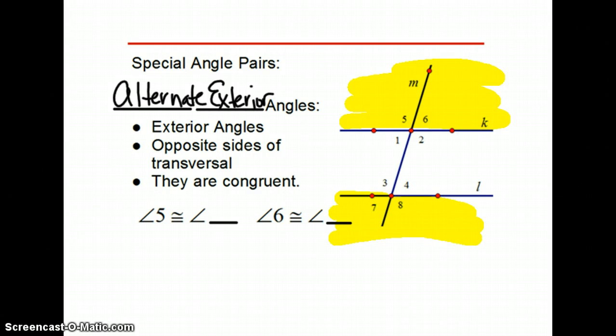They're going to be on opposite sides of the transversal, and again, the relationship between these is congruent. So 5 is on the left side and above, so I'm going to go to 8, which is on the right side and below. So angle 5 is congruent to angle 8, and angle 6 is congruent to angle 7.